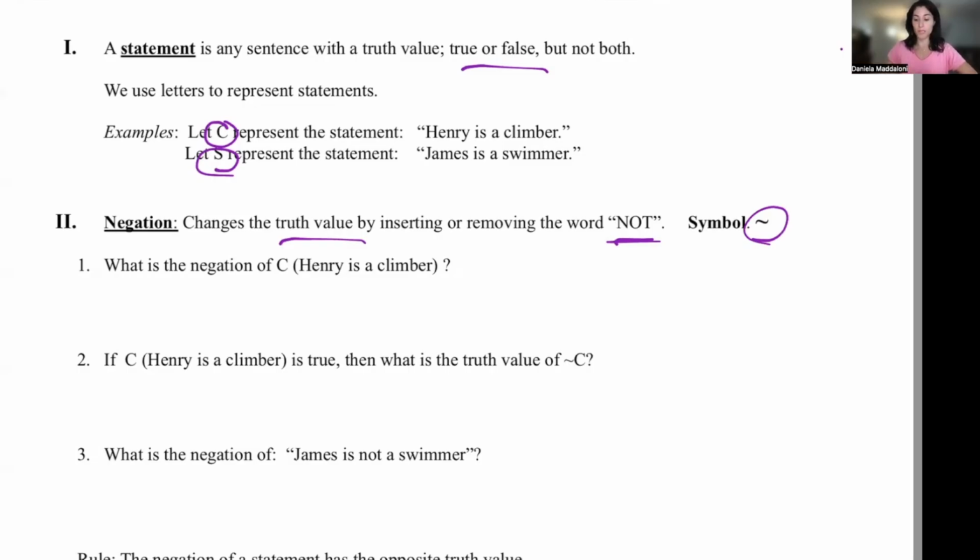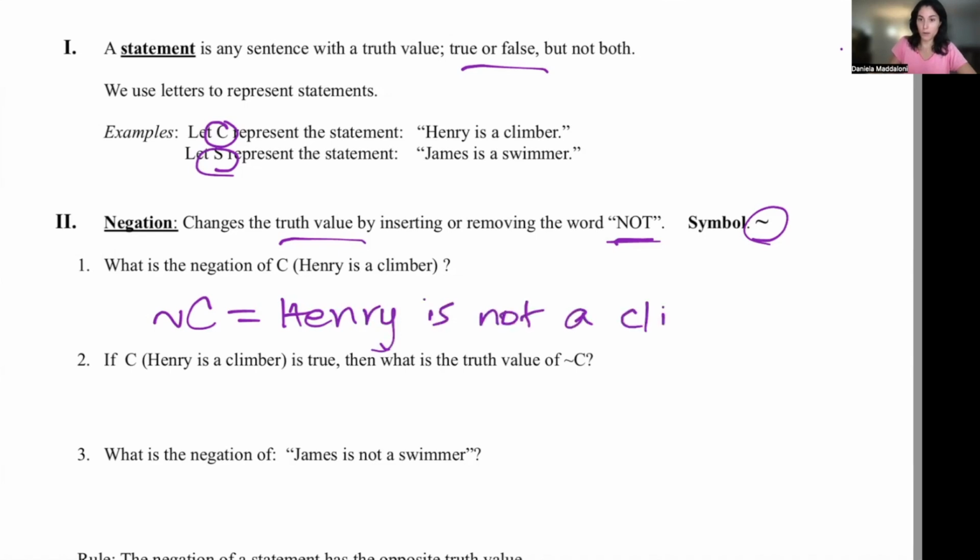So what is the negation of variable C, which represented Henry is a climber? That would be not C, we would write it. And that translates to Henry is not a climber. They're just statements. So if Henry is a climber, so if C is true, what would be the truth value of not C?